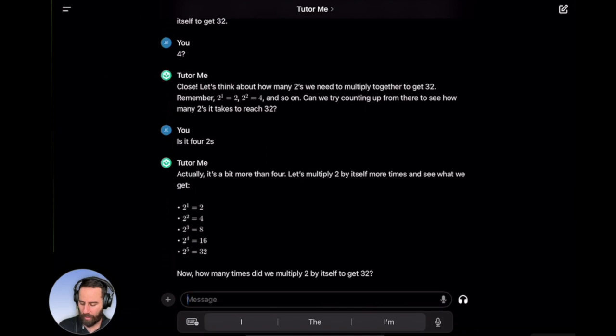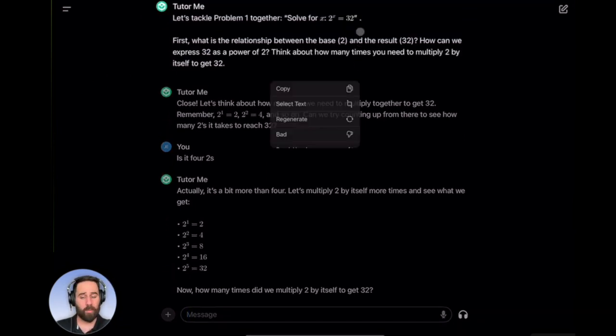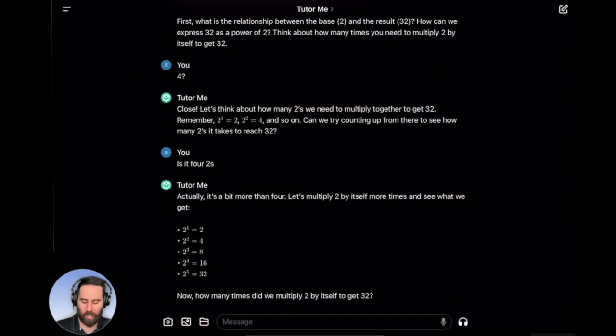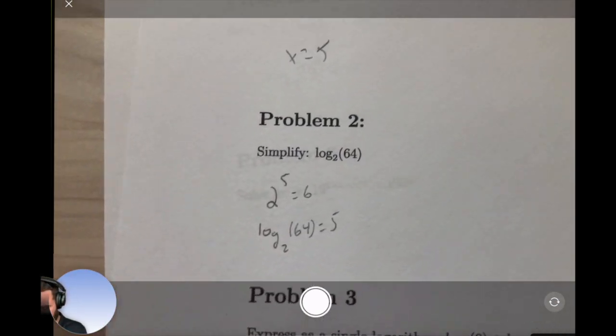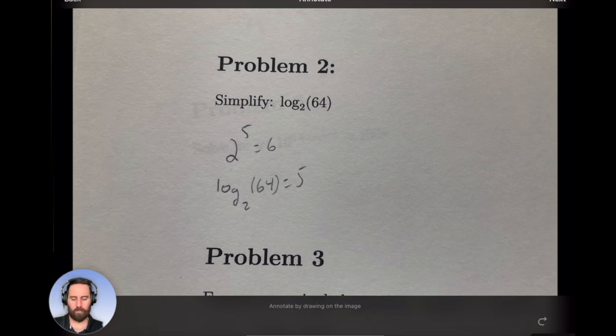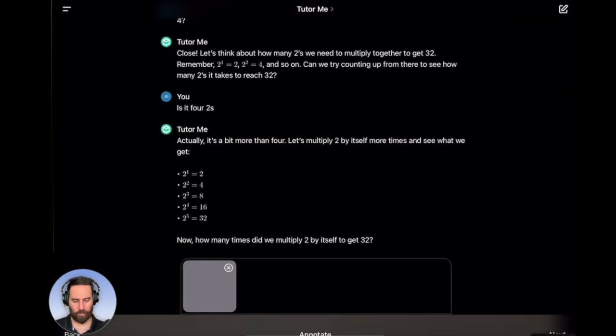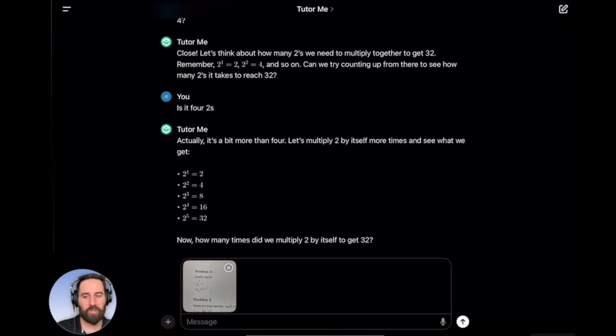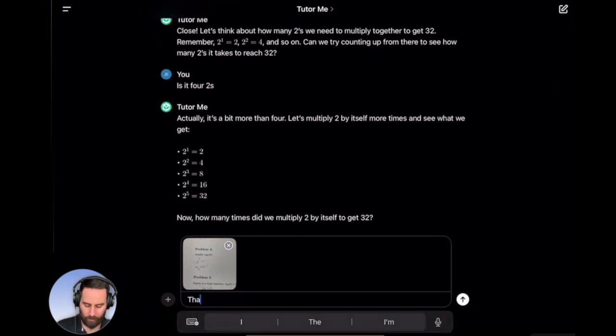Perfect. All right, now let's go to problem 2. I actually did problem 2 and I messed up on purpose because I wanted to see how ChatGPT can solve the problem. Let's see if it can catch you on problem 2. Can we move on to number 2?